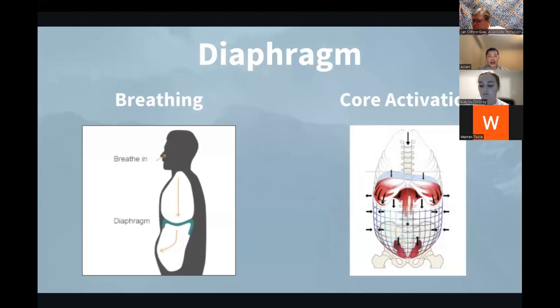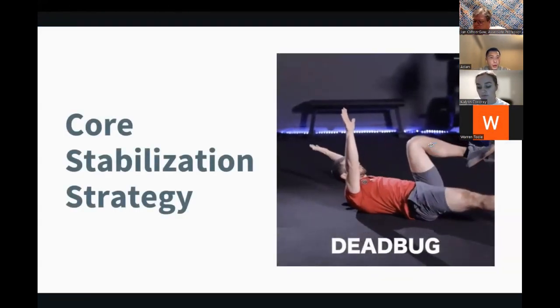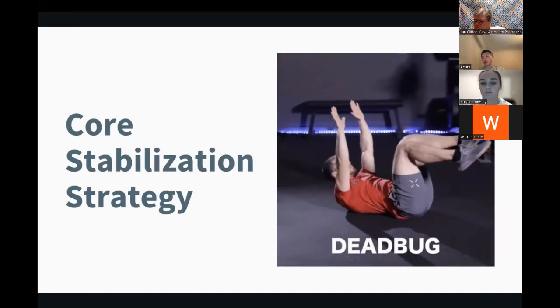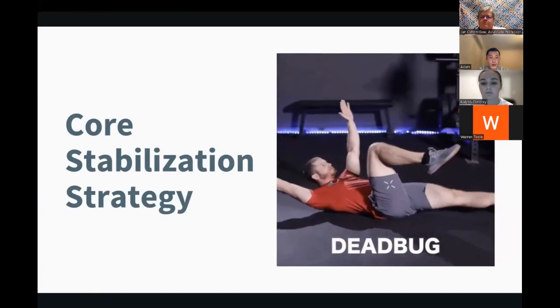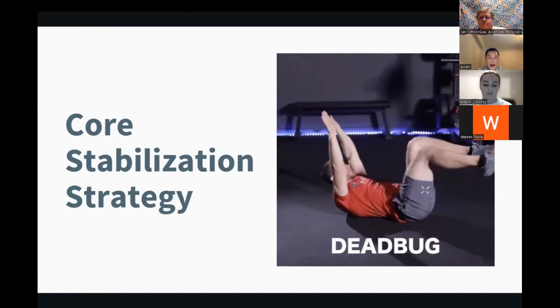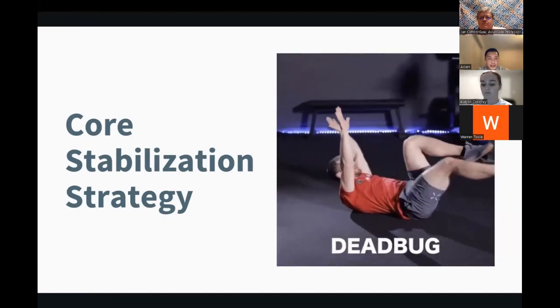So that brings us to core stabilization strategies. And now I want to ask you, how would you identify a core stabilization strategy? What is to you a bad core stability in our patient population?